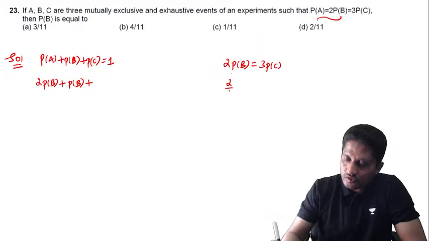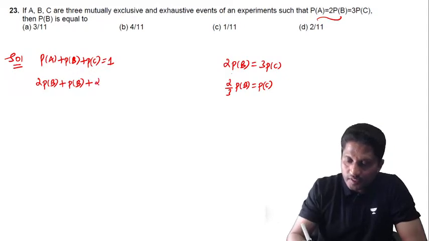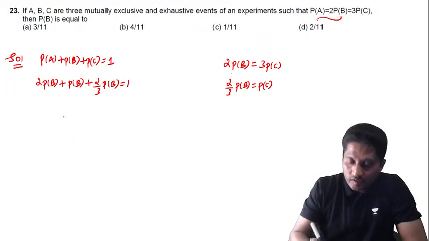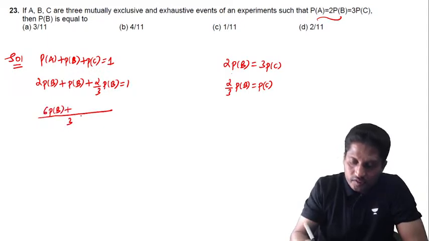This can be written as 2 by 3 P of B is equal to P of C. So 2P of B plus P of B plus 2 by 3 P of B is equal to 1. Now if I take LCM 3, 6P of B plus 3P of B plus 2P of B is equal to 1.